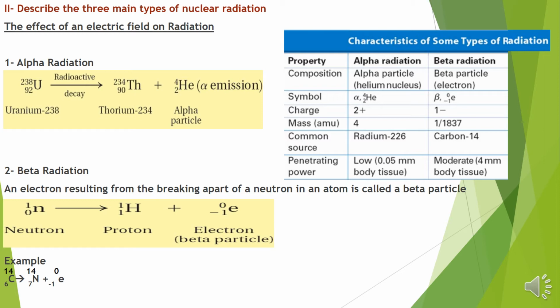So as an example of beta radiation, carbon-14 6 will emit the beta radiation, which is the e -1 0, and this carbon will become another atom with a more stable nucleus, which is nitrogen-14 7.